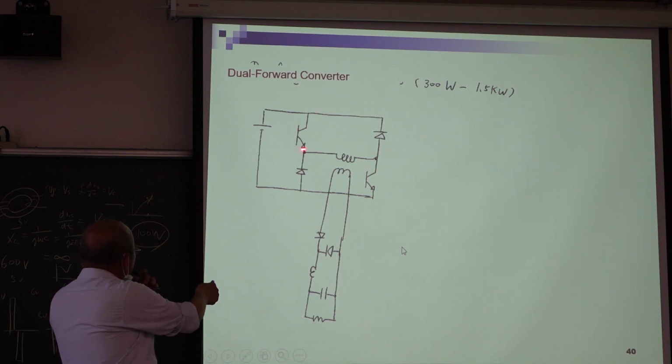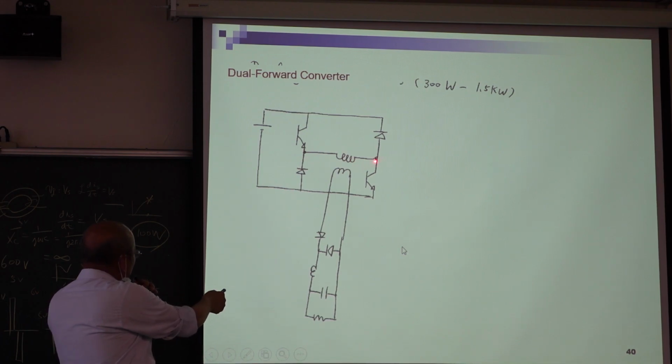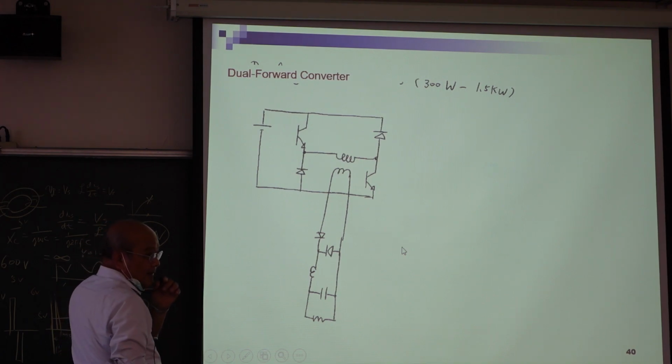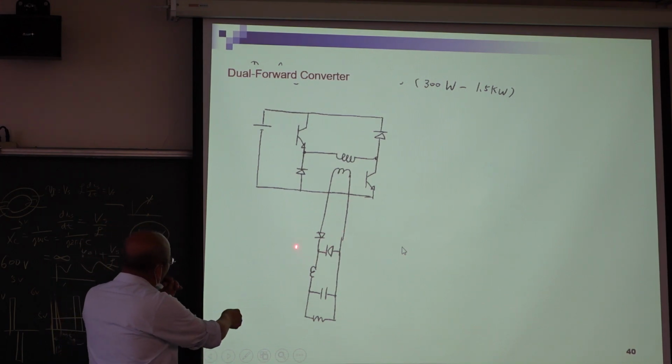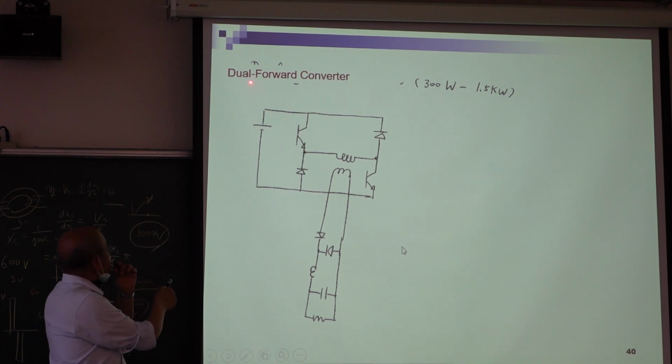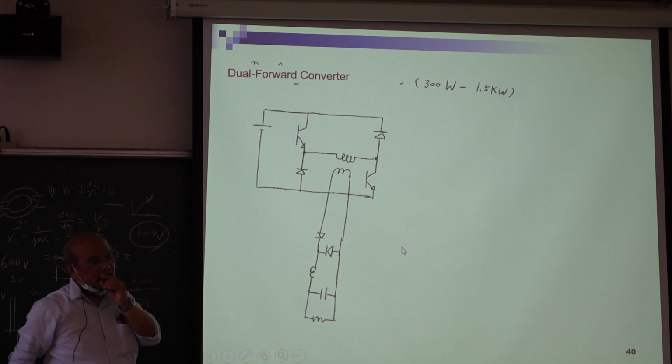If you turn off this one, then the current goes this way, and you get minus, plus. So if switch on, plus, minus. If diode on, plus, minus. Then you can use the transformer to rectify to get DC. So we call this dual forward converter.